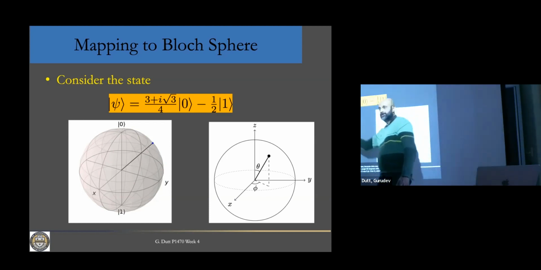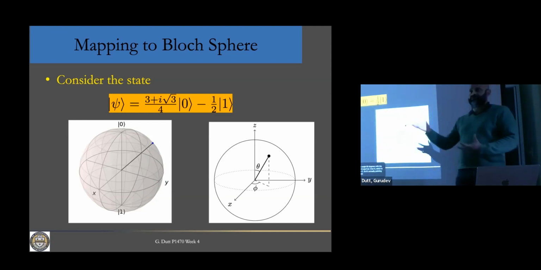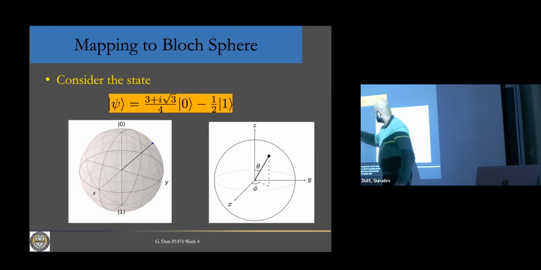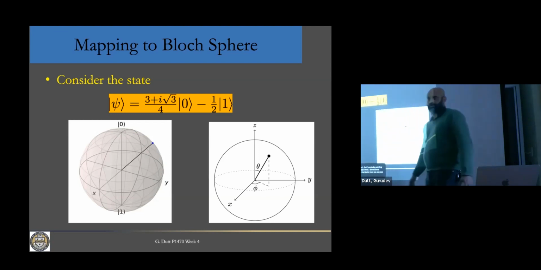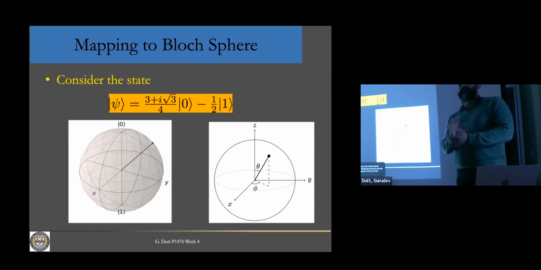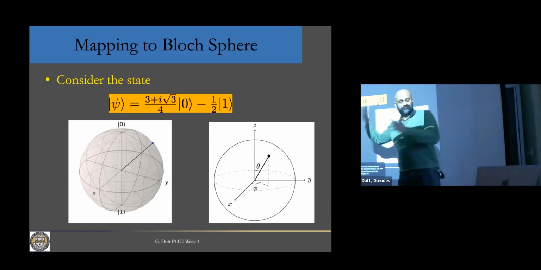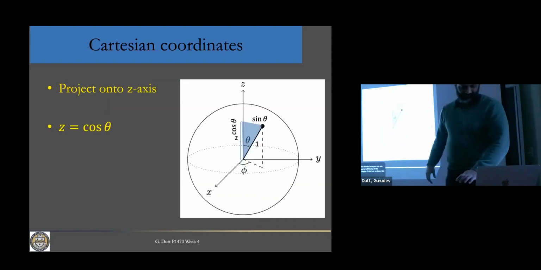So it's actually pointing sort of into the board in this two-dimensional projection. But on the Bloch sphere, you can see it's in this quadrant of the xy equator. Okay? The back quadrant, like.